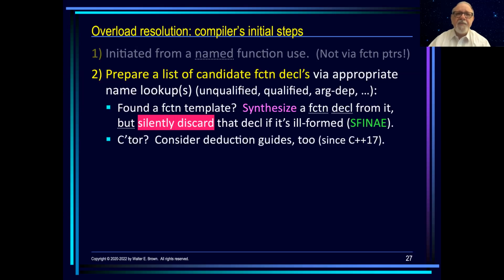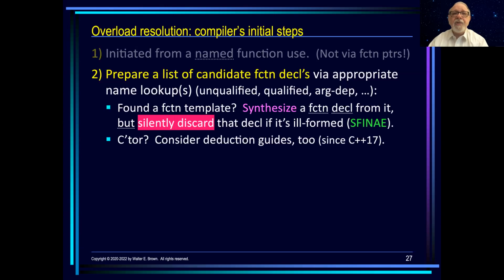And another interesting possibility: if we happen to be dealing with constructors, the compiler has to consider deduction guides as well, ever since C++17, because they can produce information that is useful to decide which constructor to call.